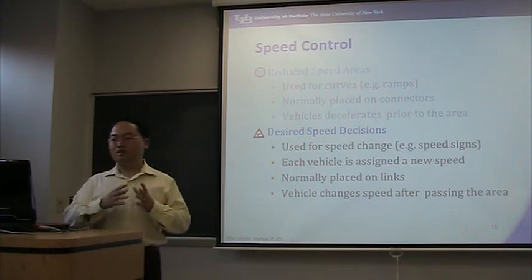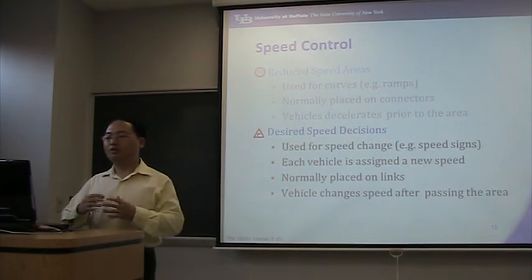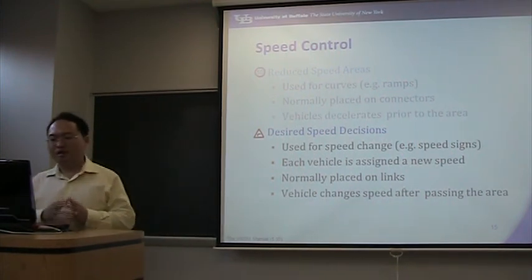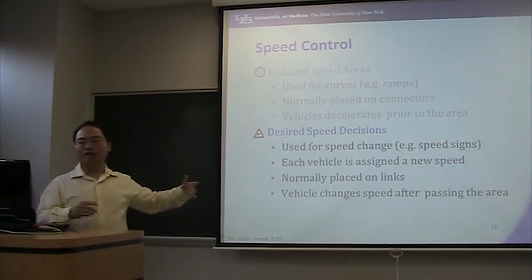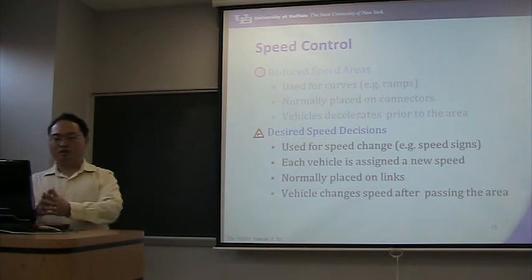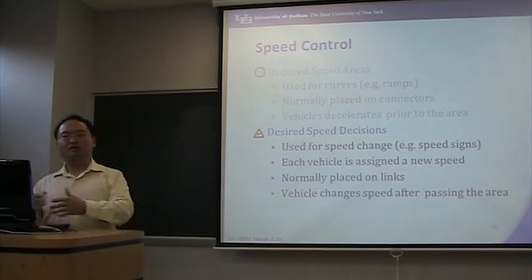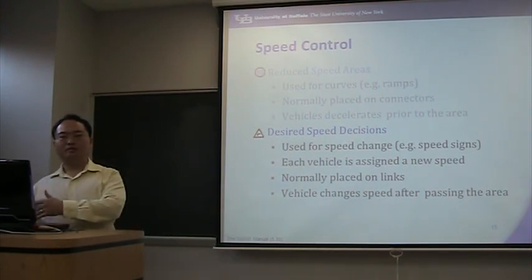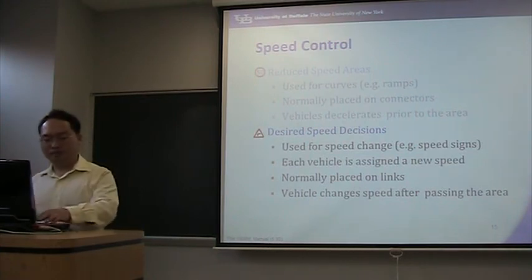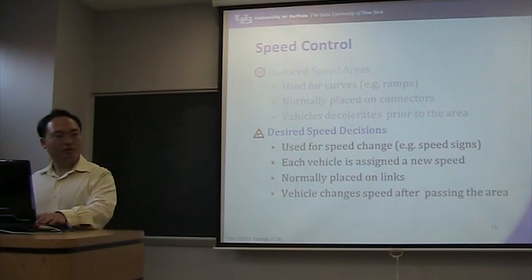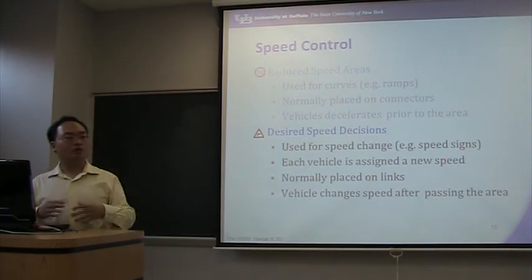And these decision signs are normally placed on links. And it is very different from the reduced speed areas in that, in this case, vehicle will change the speed only after passing this area. So they will not do anything until they reach this sign. And would the change be immediate or take a while? The change will take a while.